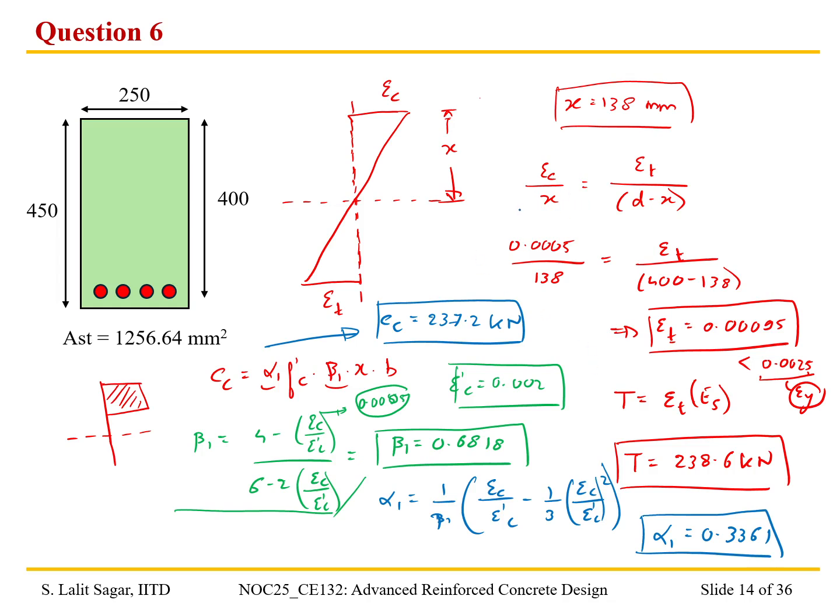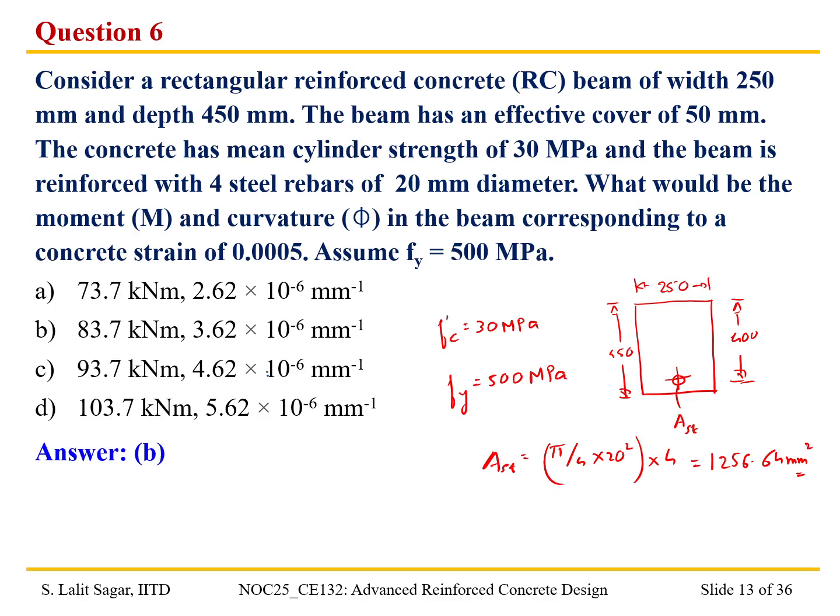and calculate the moment of resistance and the curvature. Because of the paucity of space, I'm going to come back to this particular slide. We have the equation for the moment capacity as M is equal to Cc into d minus beta 1 into x divided by 2.